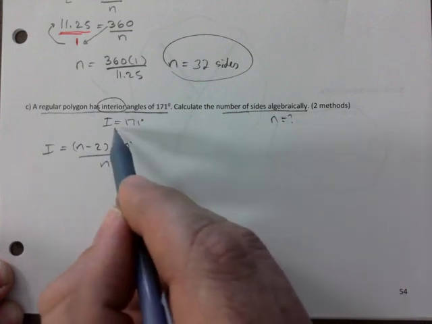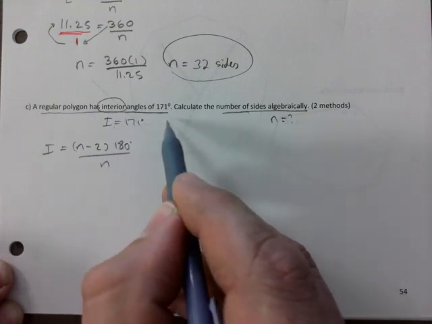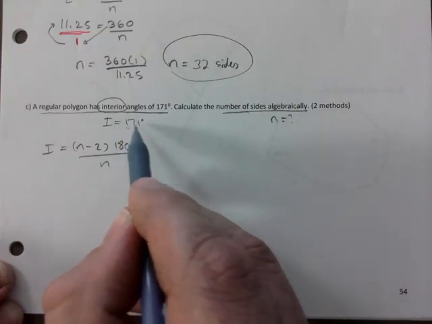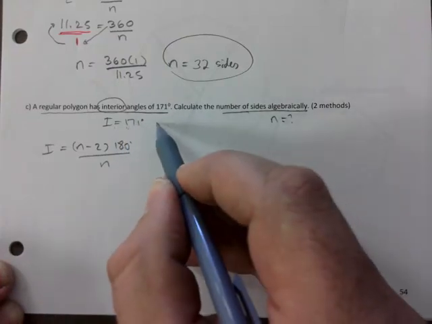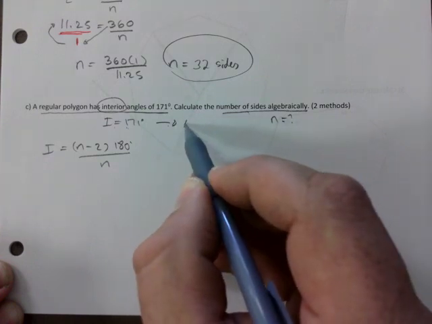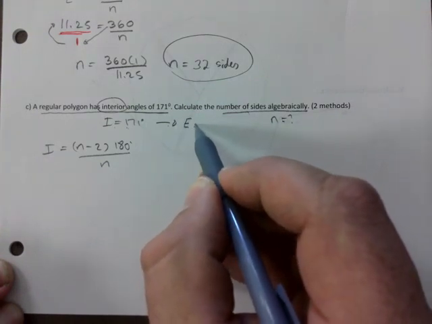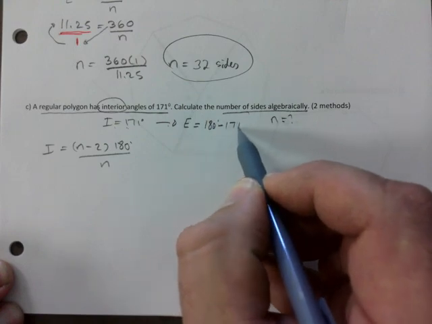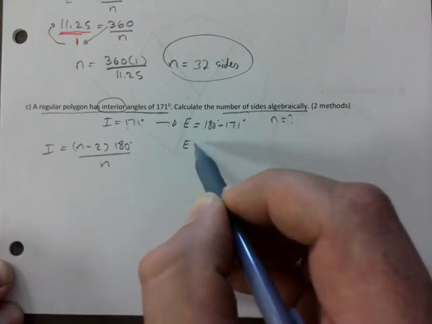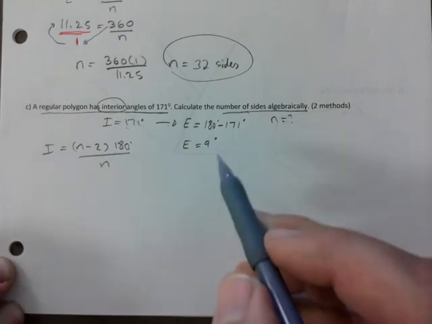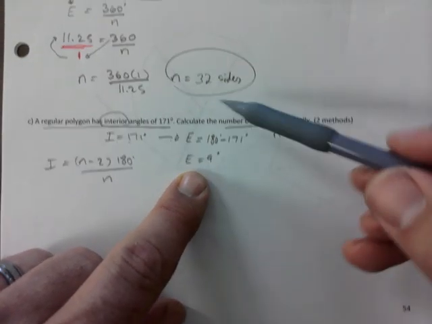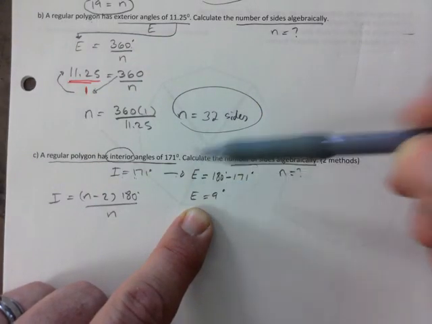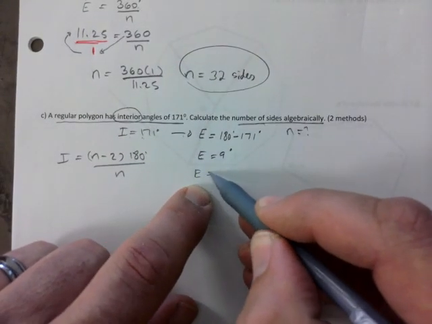What do we know about the interior and the exterior angles, folks? They add up to 180, correct? So I'm going to say, well, wait a minute. I can find the exterior angle, which is 180 minus 171. It's 9. Okay. And now you're back to this example right here where you just use the exterior angle formula.